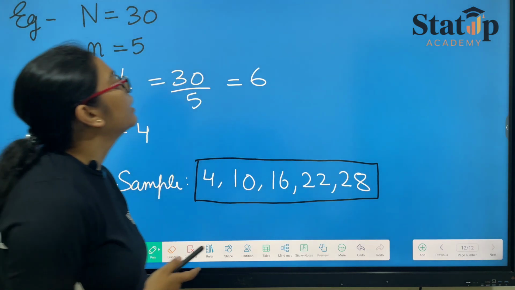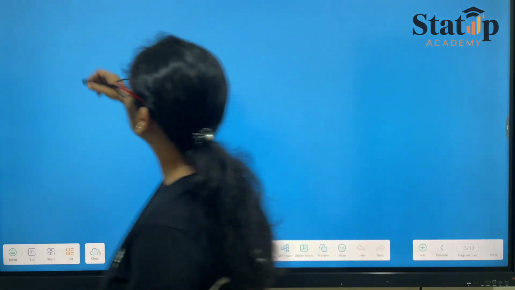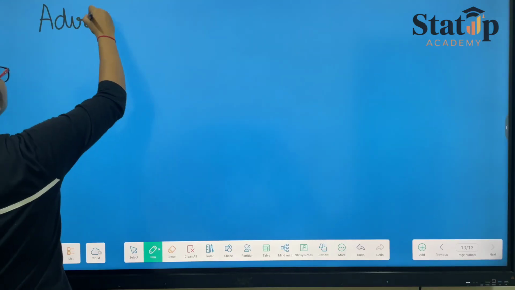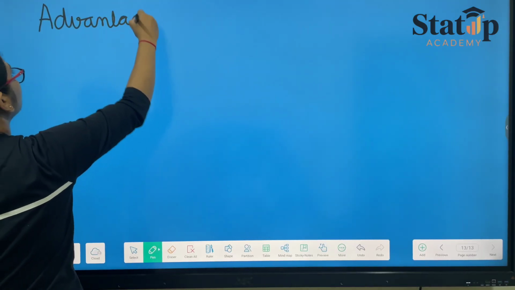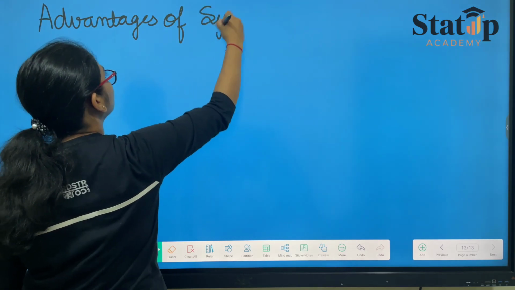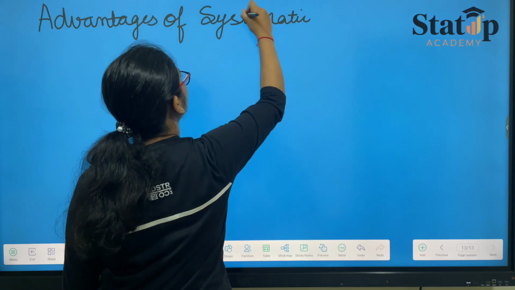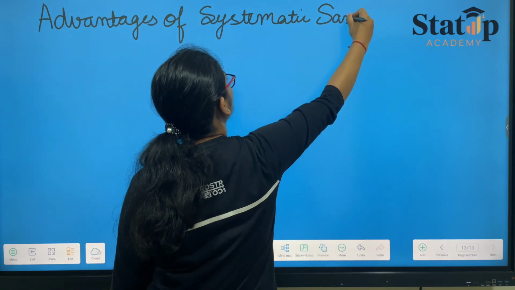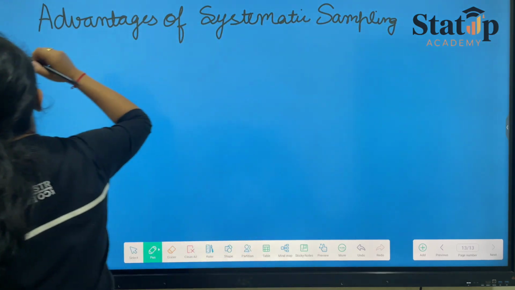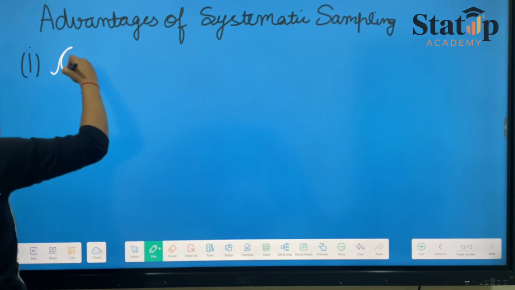Now, what are the advantages of systematic sampling over any other sampling? So, first advantage is that it is cost effective.